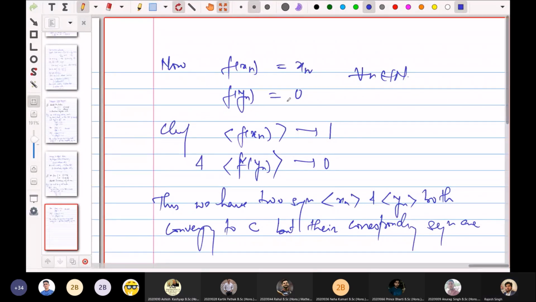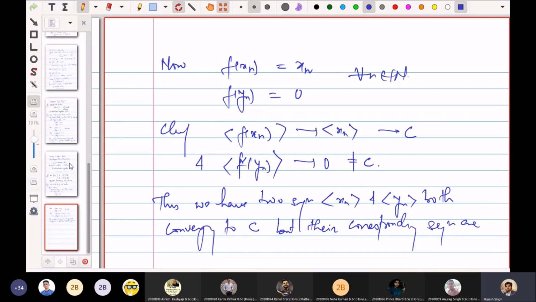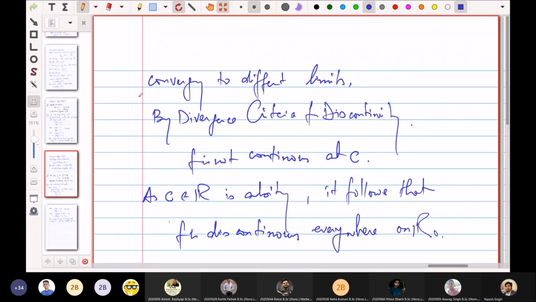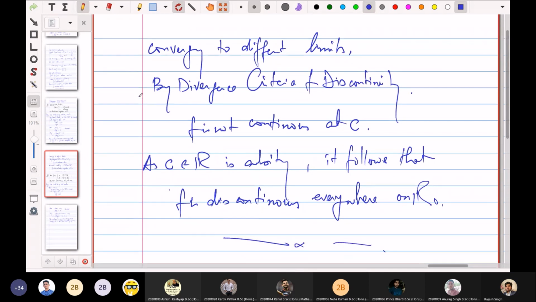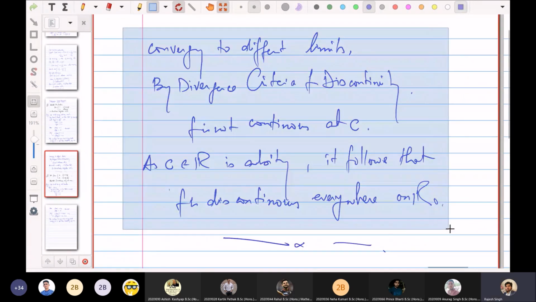So f of xn is equal to xn and xn converges to c, and f of yn is equal to 0, which is not equal to c. So both are converging to different limits. Okay. Is it fine? So बिल्कुल same proof आ जाएगा.